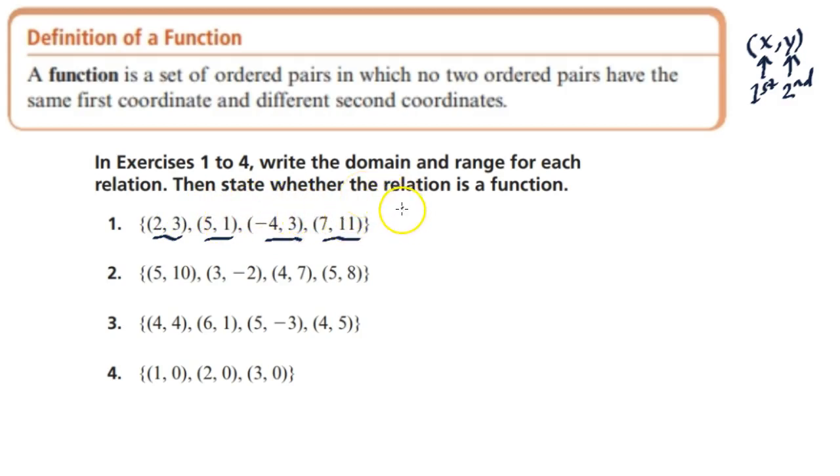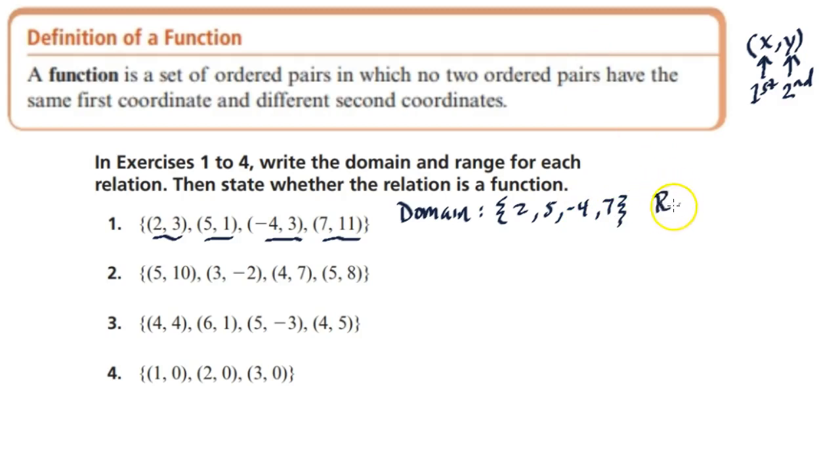So the domain of this first problem would be the set of all the first coordinates: 2, 5, -4, and 7.